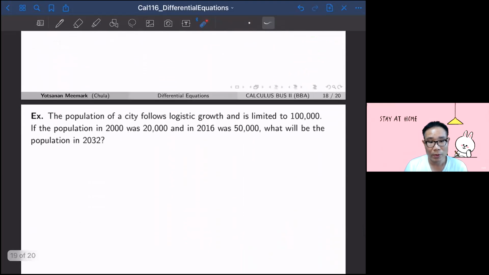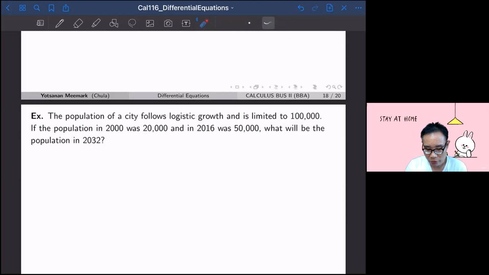Okay, so the situation is going to be like the population of a city. The population of a city follows logistic growth limited to 100,000. If the population in 2000 was 20,000 and in 2016 was 50,000, what will be the population in this city in 2032?